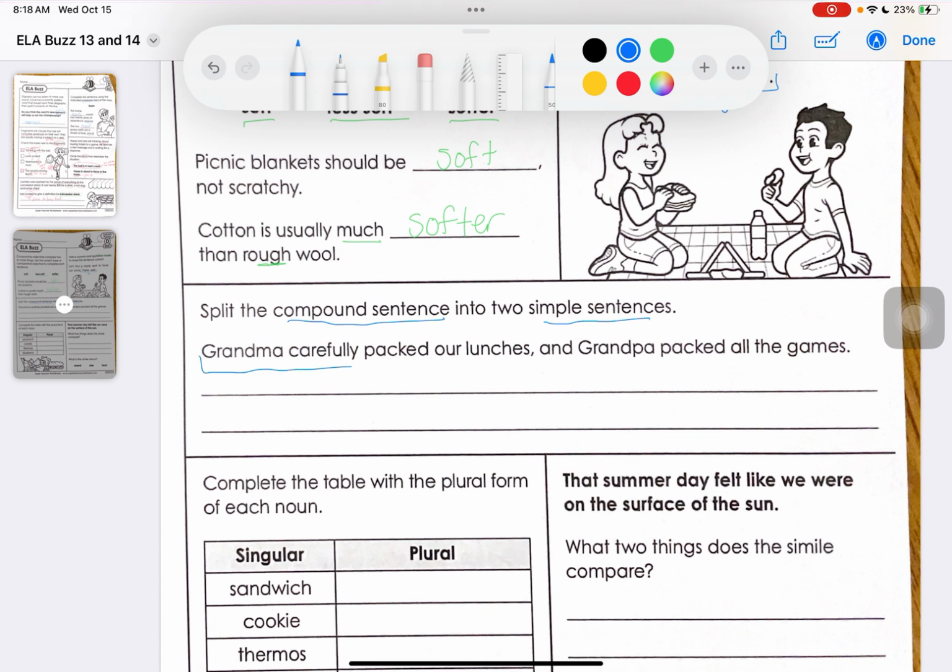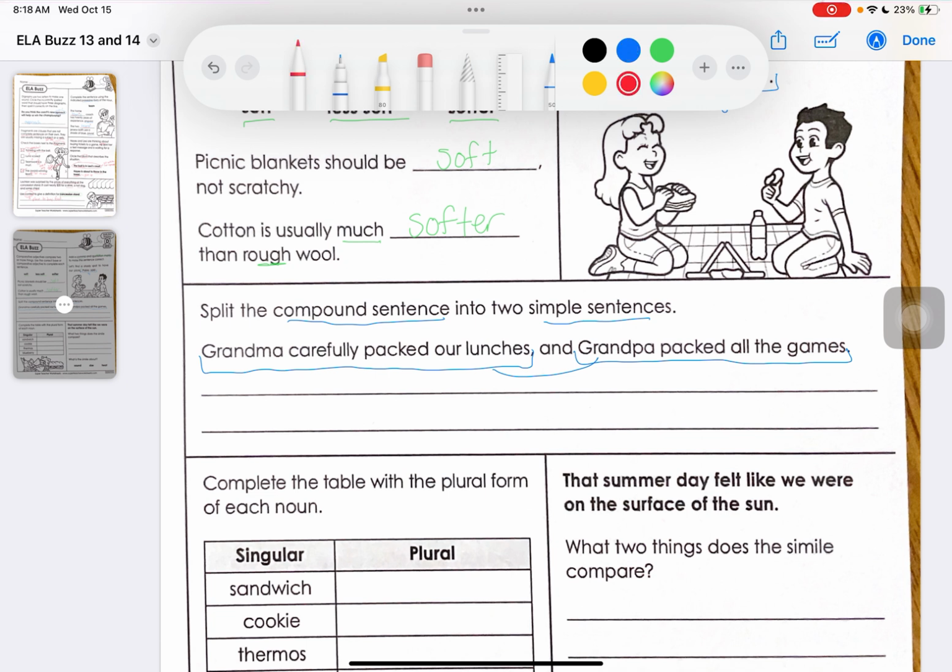So, Grandma carefully packed our lunches. That's sentence one. Grandpa packed all the games. So they joined these two sentences together. That's a good thing, because if you have two simple sentences back to back like that, it gets a little choppy. So it's good to combine things that make sense together. But this is asking us to break it apart, so we will.